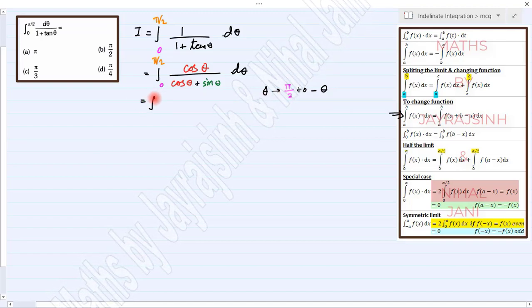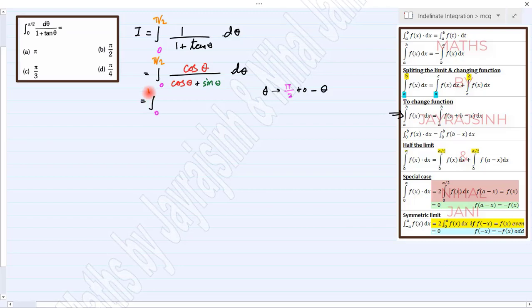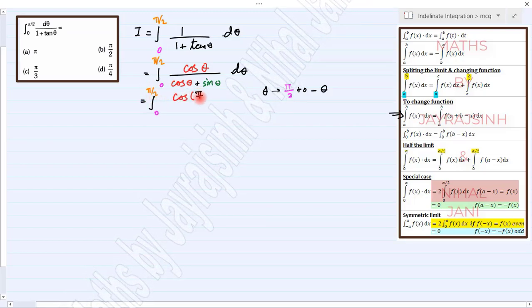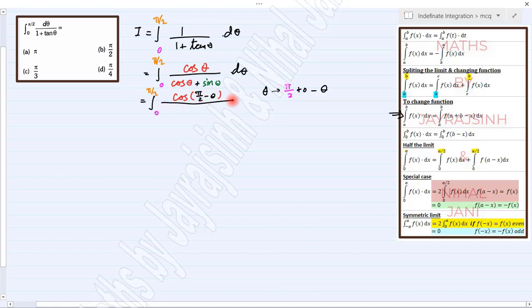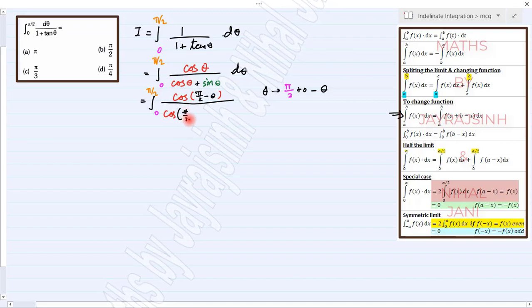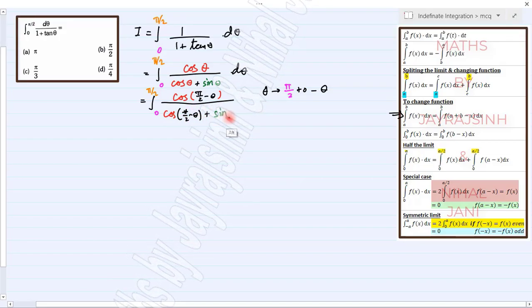So your I will be from 0 to pi by 2. This cos theta will become cos of pi by 2 minus theta. And in the denominator, similarly, we will get cos of pi by 2 minus theta and sine of pi by 2 minus theta.